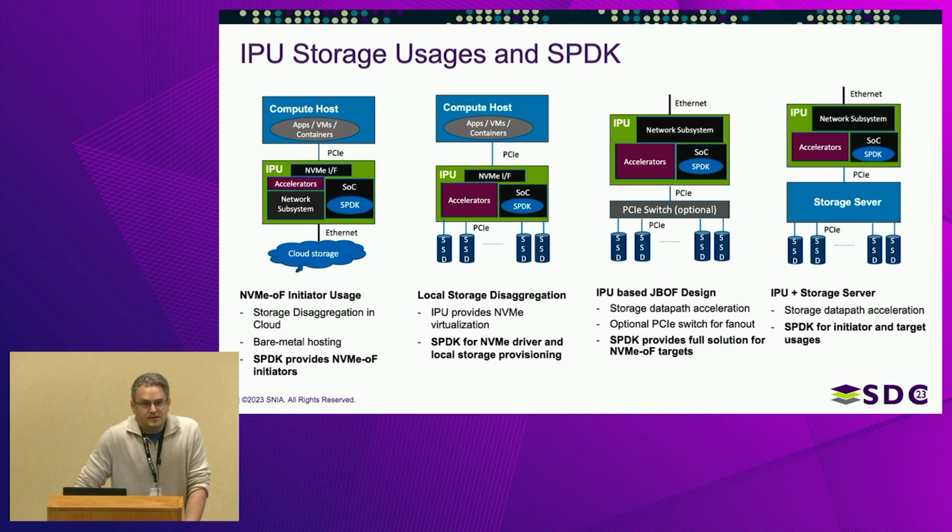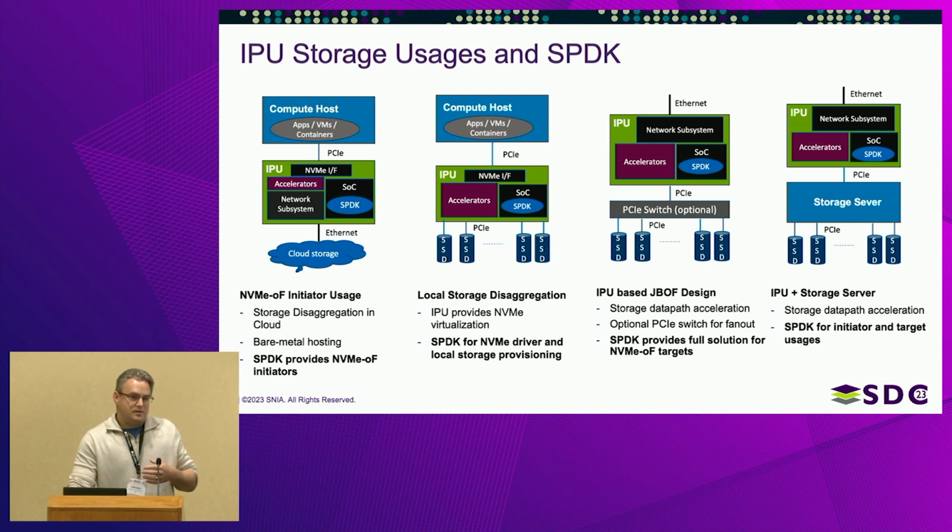All right, let's start with usages. The first order bit here is that we're doing block storage offload in these IPUs. At some point, we will likely move into higher level storage protocols like file and object store.